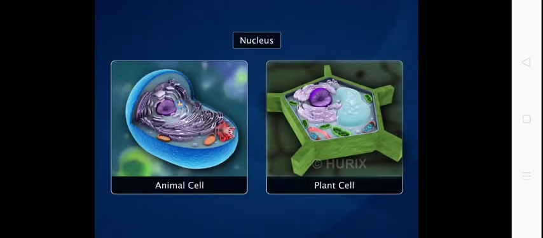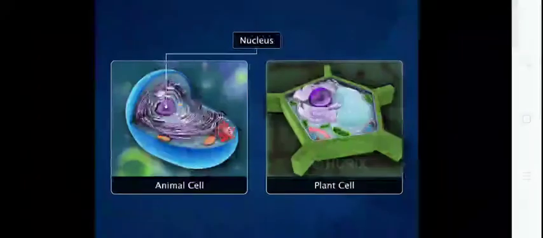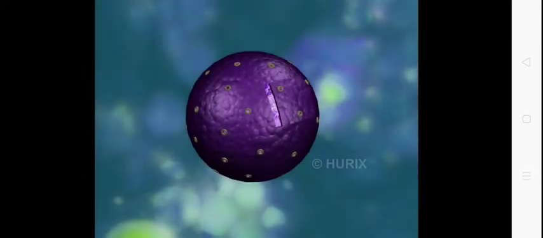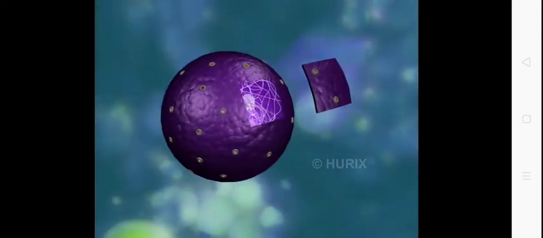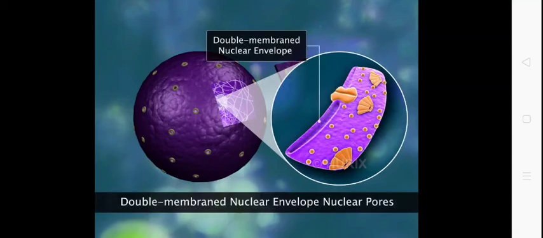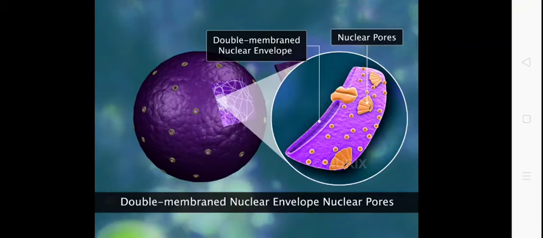The nucleus is a spherical structure located generally in the center in the case of animal cells and towards the periphery in plant cells. A double membrane nuclear envelope with a large number of pores separates the nucleus from the cytoplasm.